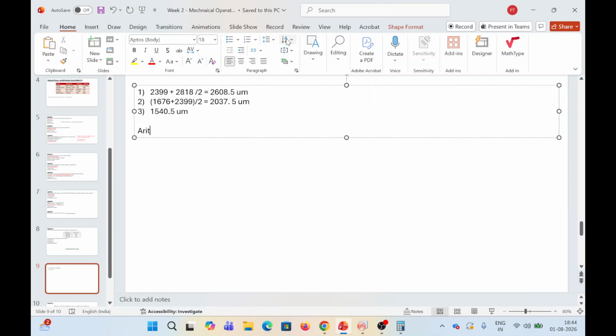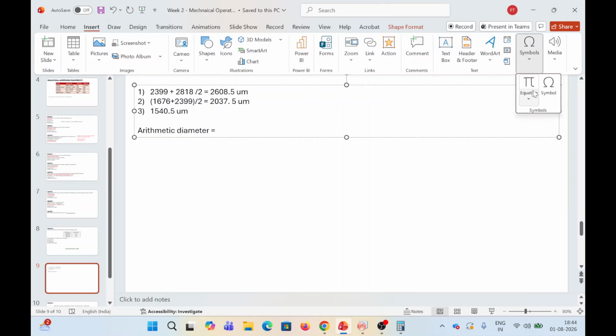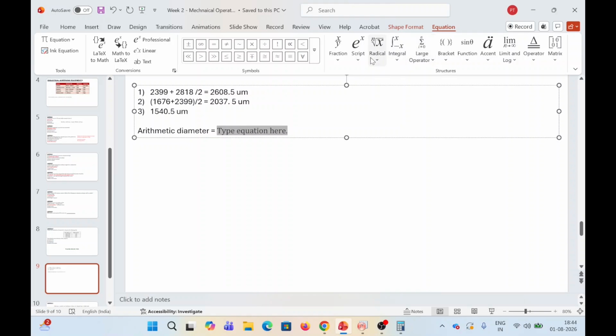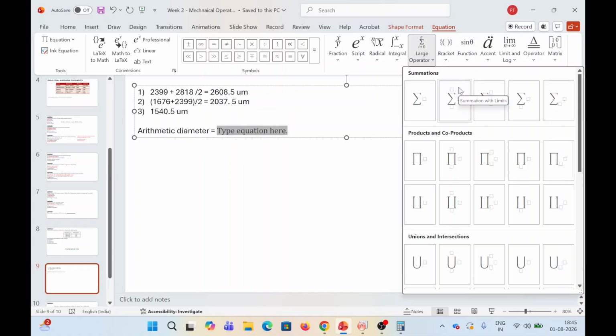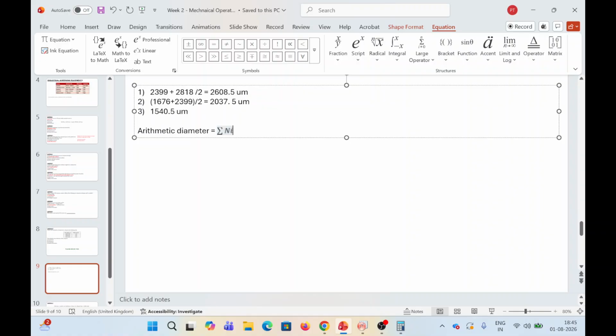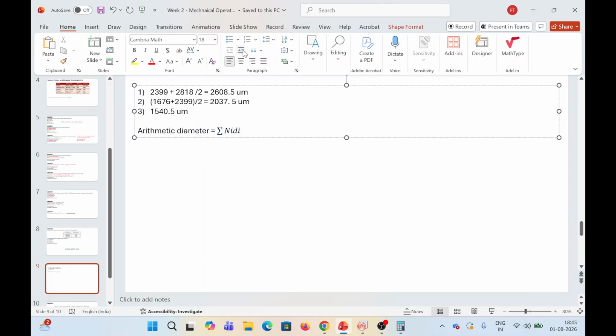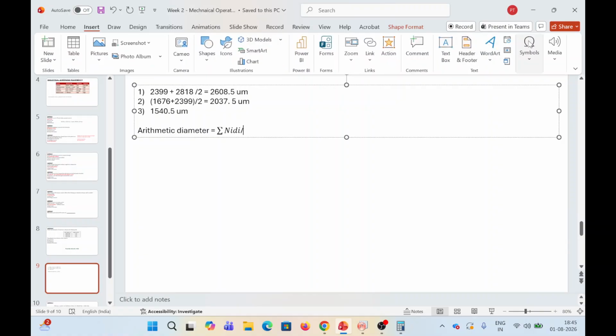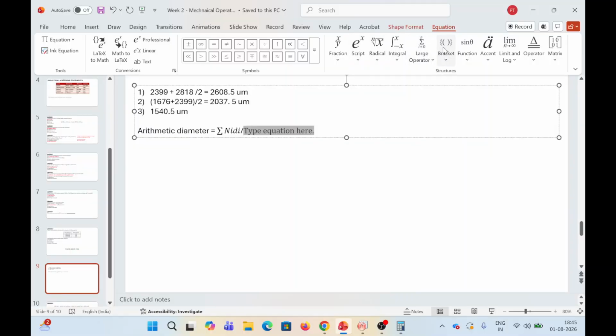Can you define the arithmetic diameter as summation of NiDi divided by summation of Ni?